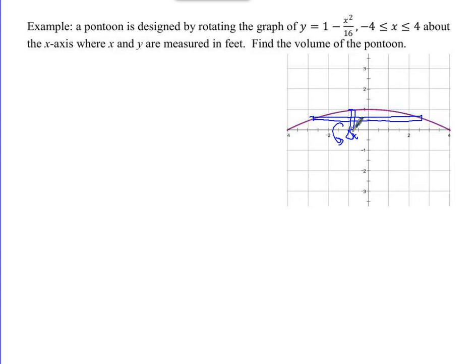However, if I use the vertical one, then this bottom is staying constant on me, and they're two separate functions basically that are defining the top and the bottom. So I'm going to choose the vertical representative rectangle because it just seems like it's going to be a little bit easier to work with. Okay? So let me get rid of the horizontal one, and we'll just work with that vertical one.